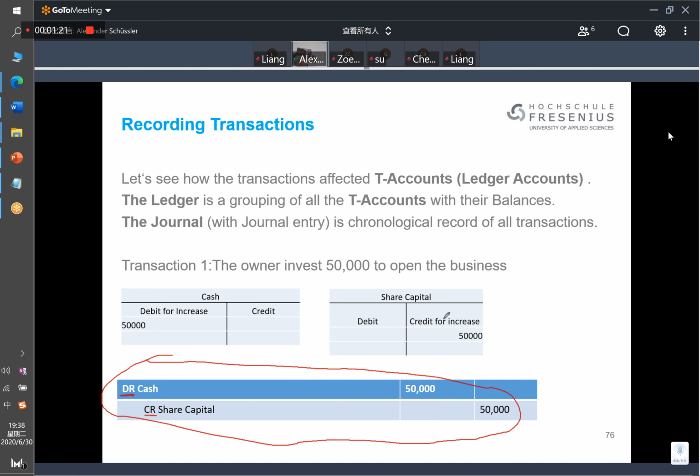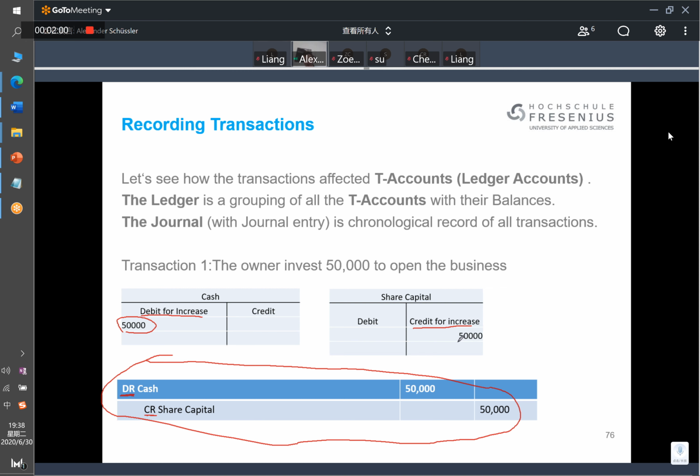So the first transaction is the owner invests 50,000 to open the business. Here you debit cash and you credit share capital.